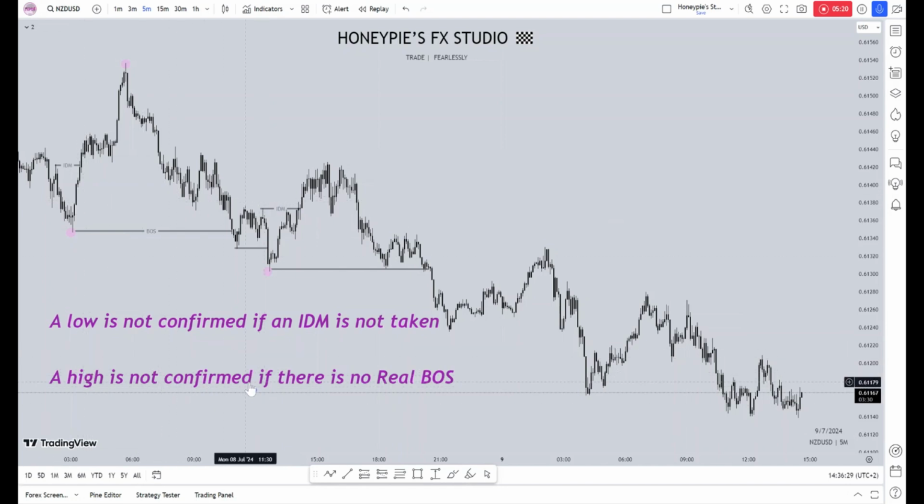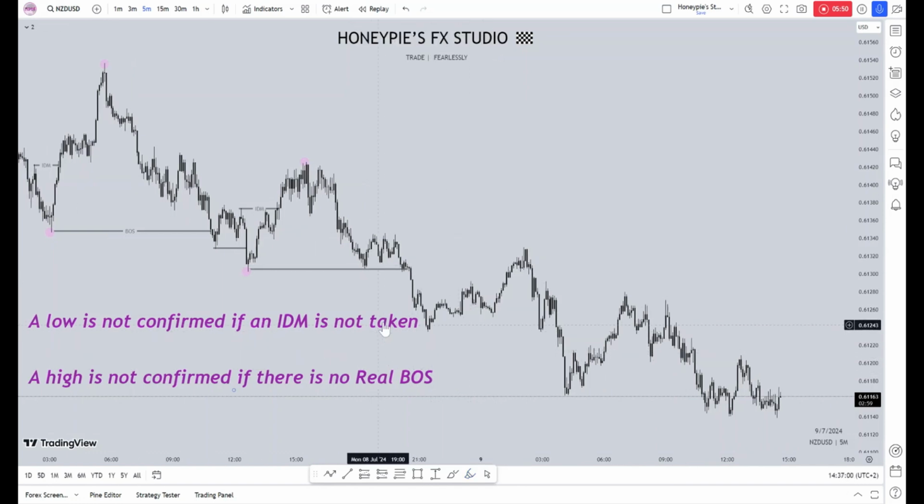A high is not confirmed if there is no real break of structure. This high over here won't be confirmed if this break of structure is not a real one. So what makes this a real break of structure? Because it eventually took an inducement over here. Now this high at this point is also confirmed because this is a real break of structure.